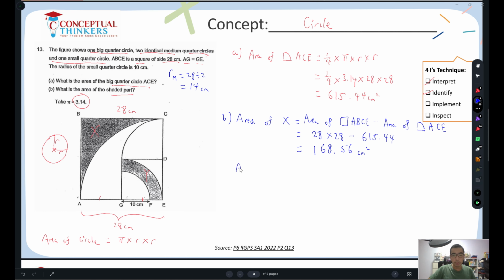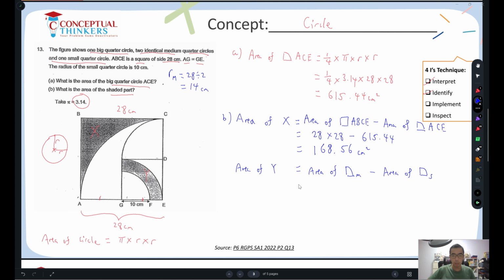So to get the area of y, basically we find the area of the medium quadrant mentioned by the question, minus away the area of the small quarter circle.